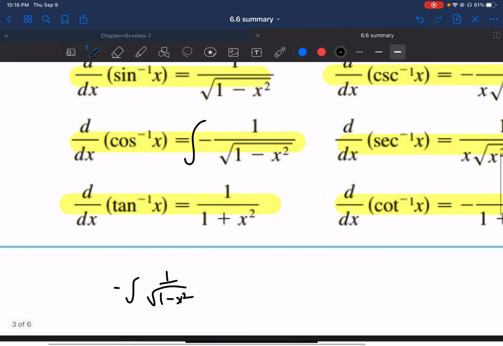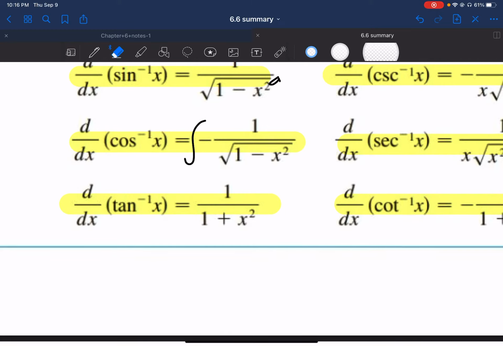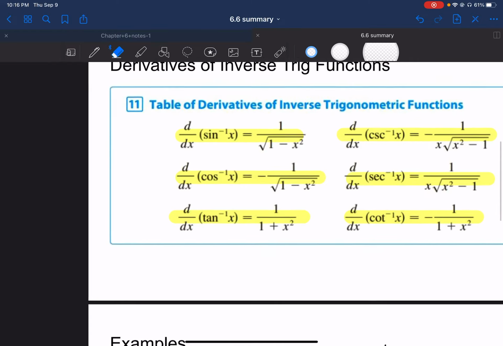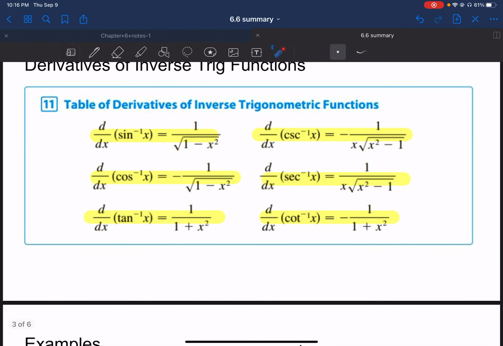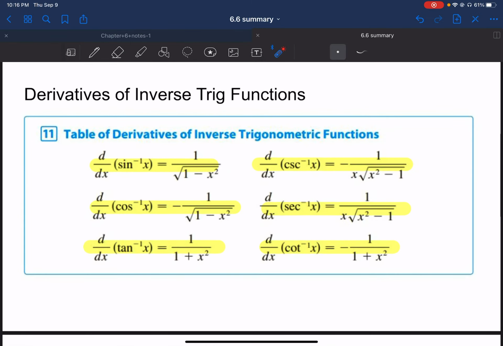We know that this one is sine up here, so at the end that would just be sine inverse of x plus c. And that's the same for cosecant and cotangent as well.